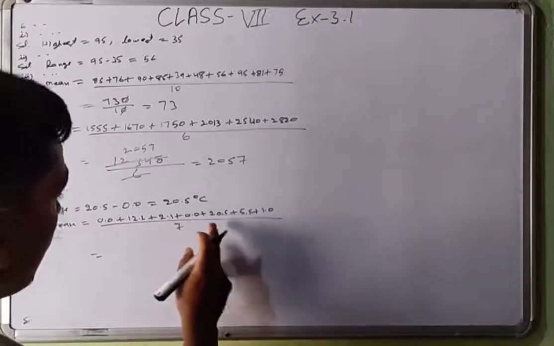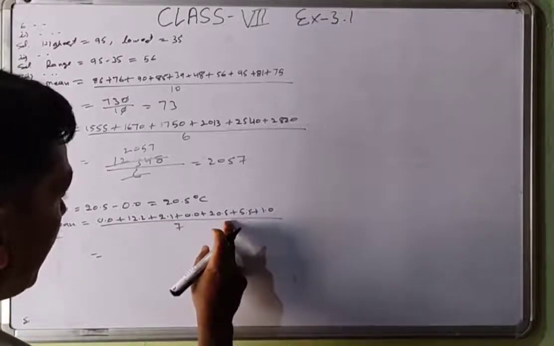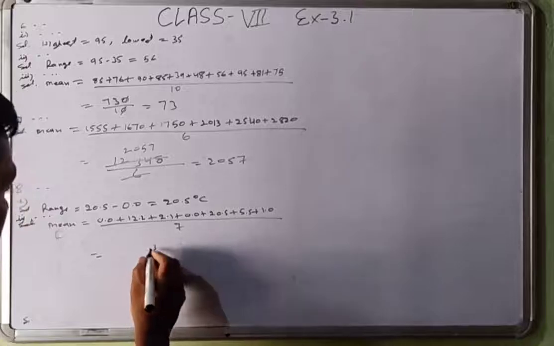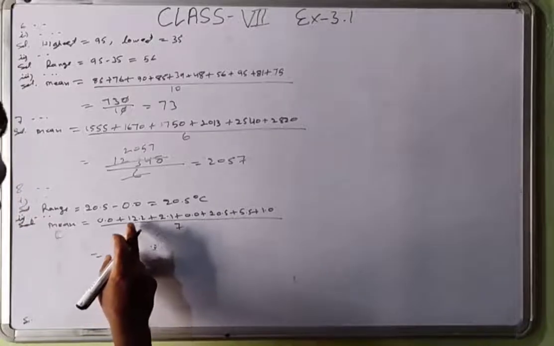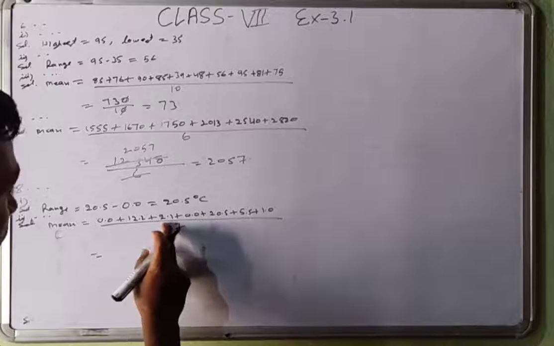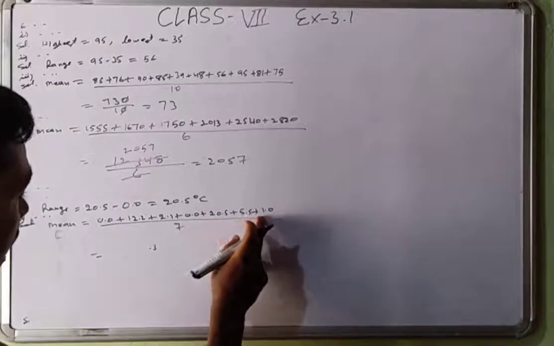Adding up: 2, 3, 5, 8, 5, 13, carry 1. 3, 4, 5, 10, 11.